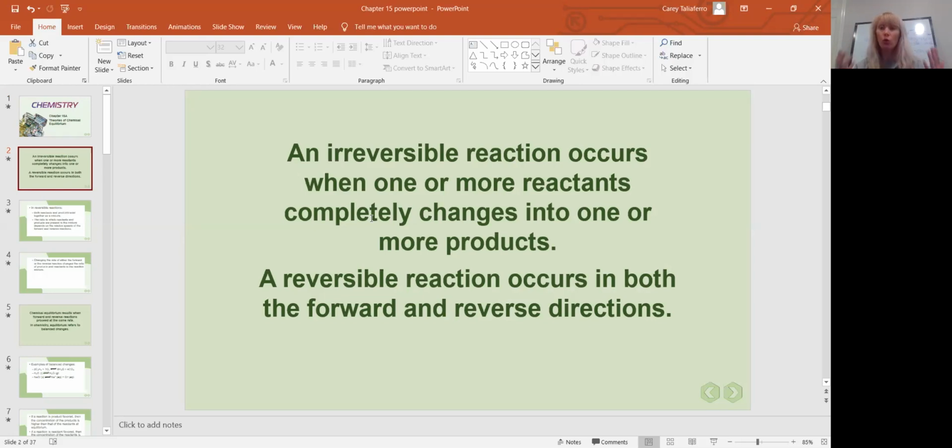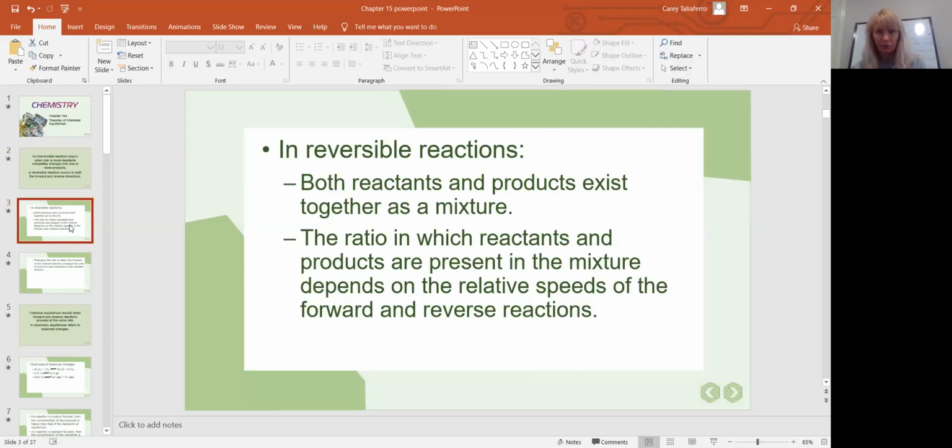The normal reaction, where the left side, the reactants, forms the right side, the products, is called the forward reaction. But then there's also the reverse reaction, where you go back to the original reactants. So we're going to look at how that goes back and forth with chemical reactions.